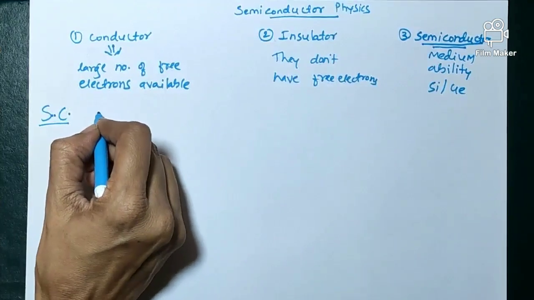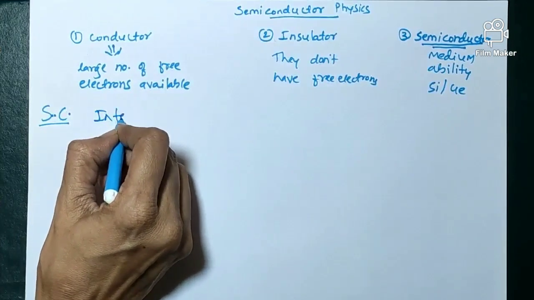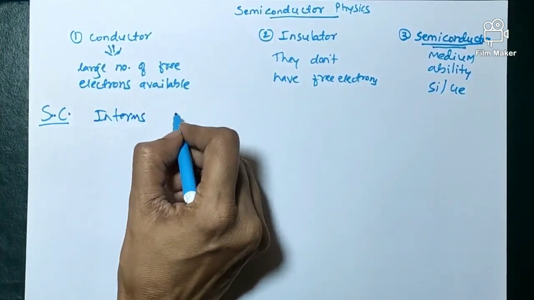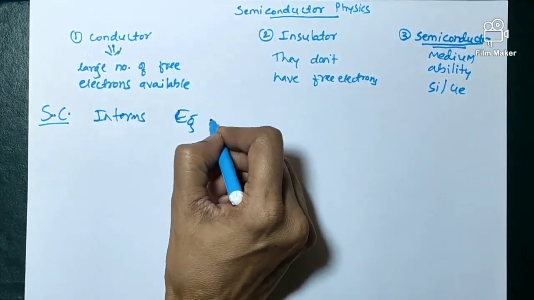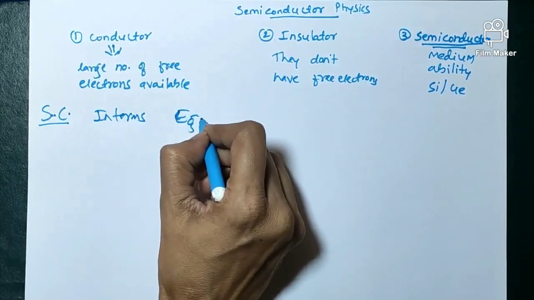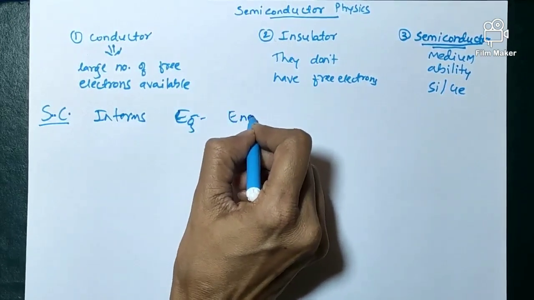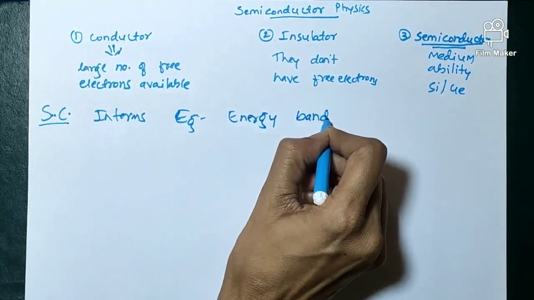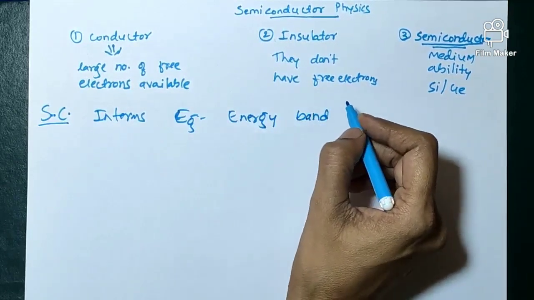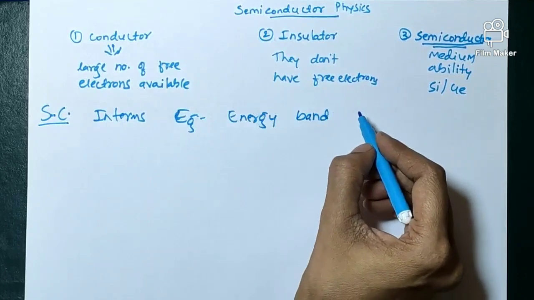So in terms of energy band, that is EG, we define the semiconductor as follows.